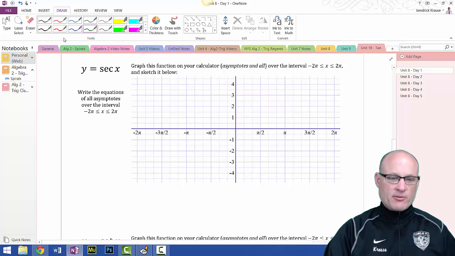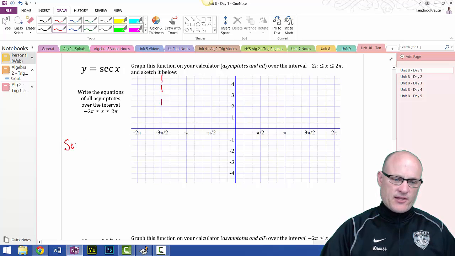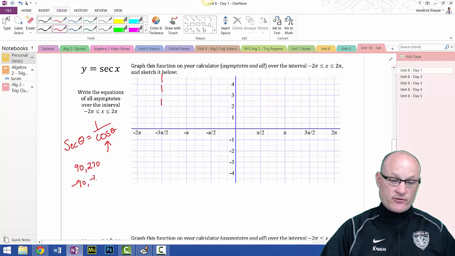So once again, let me get my red pen, at this 3 pi over 2, because remember, secant theta is equal to 1 over cosine theta. Well, where is cosine theta equal to 0? That's at 90, 270, and then at negative 90 or negative 270.